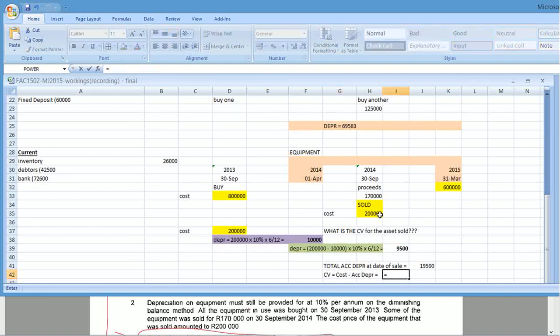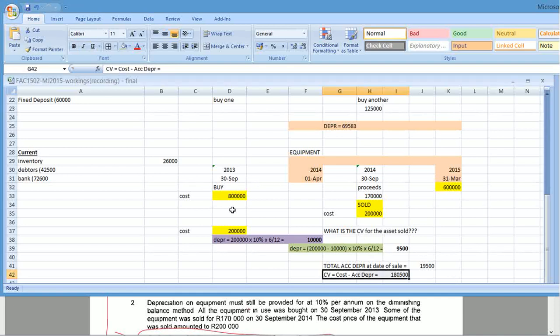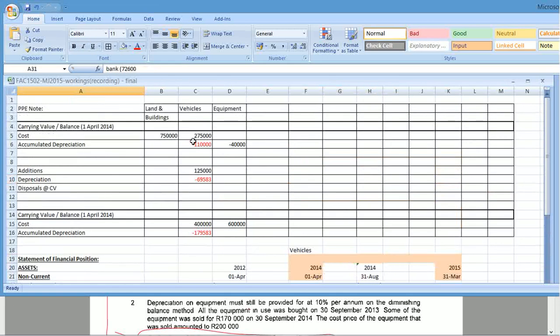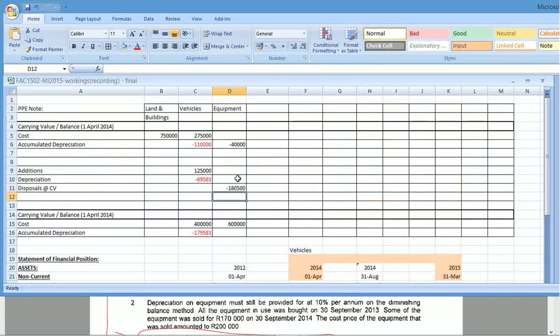So cost is 200, less accumulated depreciation gives you that carrying value. So now I know what the carrying value is of the asset that I've sold, and that is what I would disclose in my, where's it? Here it is. Where's the equipment? This was equipment. Yeah, it was equipment. Disposals. So disposals will equal that figure over there, the carrying value.